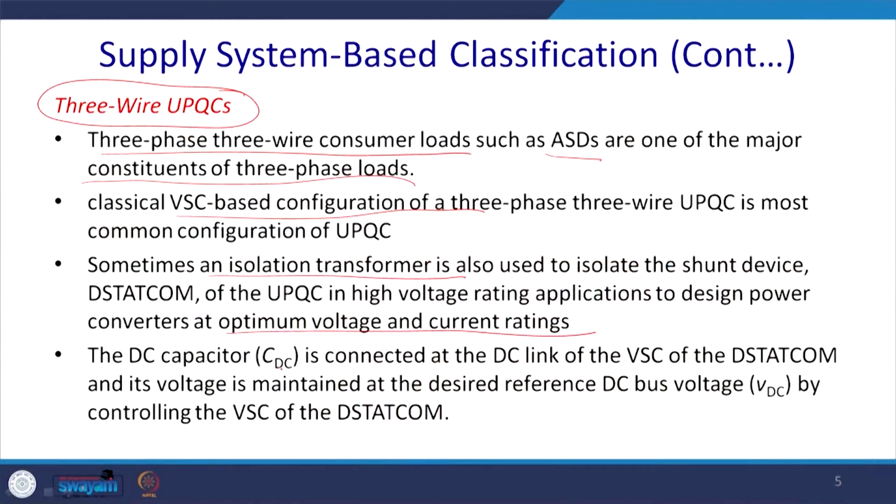The DC capacitor is connected in the DC link of the VSC of the D-STATCOM, and its voltage is maintained at the desired level by the controller, at the desired reference DC bus voltage VDC, by controlling the voltage source converter of the D-STATCOM. Generally, the capacitor voltage is required to be maintained a little higher.